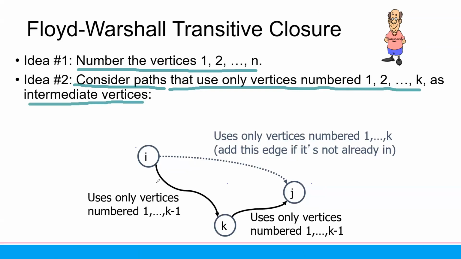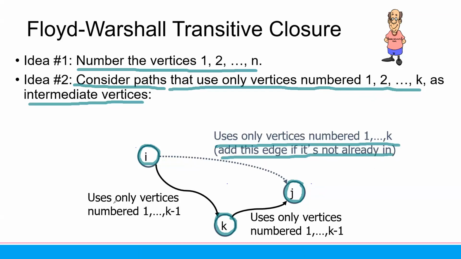So let's say I will check all the possible vertices i, j, and k, and then use only vertices number 1 until k at this edge if it is not already in.